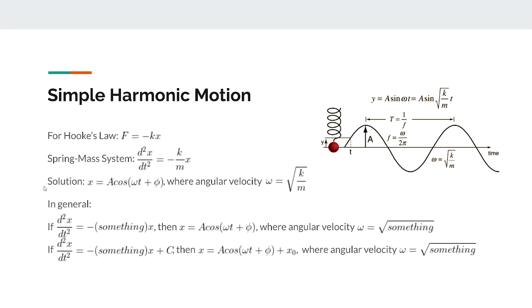And so in general, if our acceleration, which is what this is, is going to be equal to negative something times x, then it's going to equal this for our position, where our angular velocity is going to be equal to the square root of this something. And so if we have a constant, that means that we're going to have this initial position added, but our angular velocity is also going to stay as something.